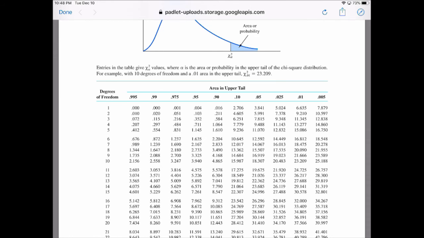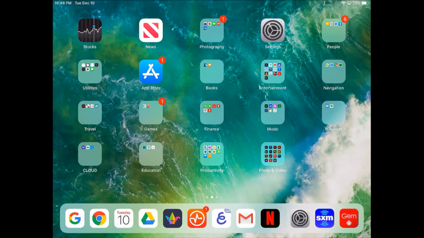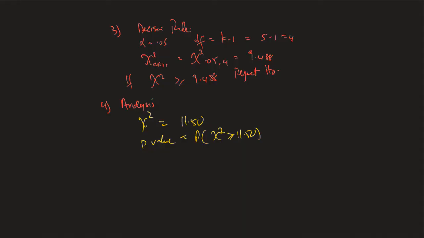That 11.5 is between 0.025 and 0.01. So the p-value is less than 0.025, but greater than 0.01. All right, there we go.